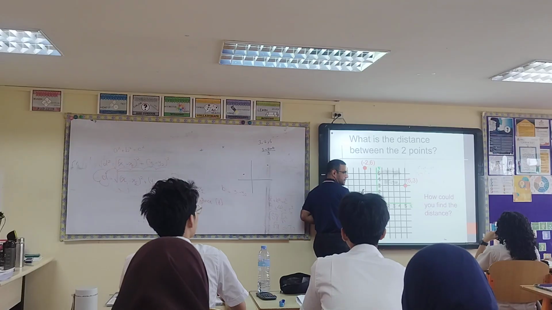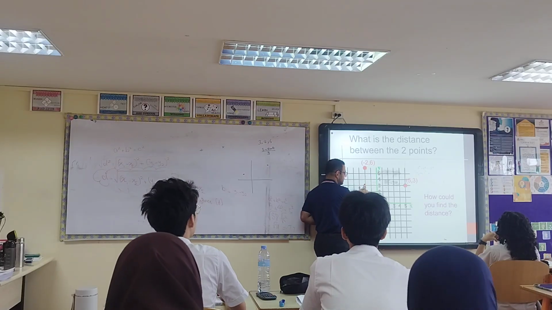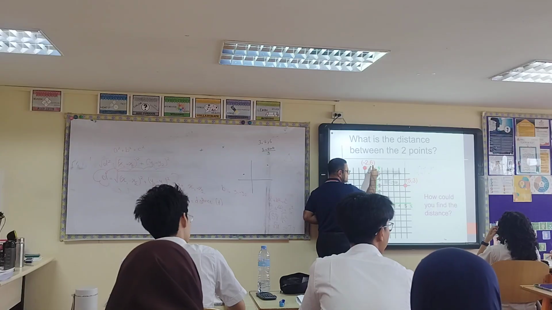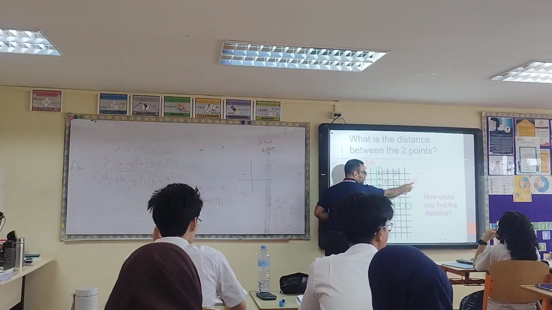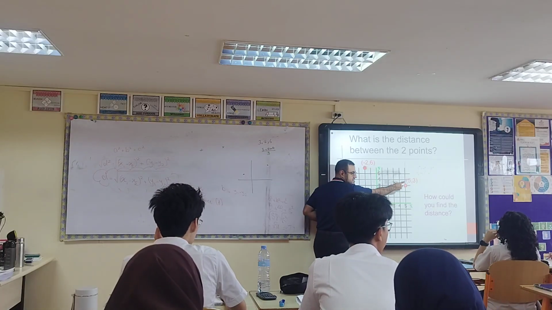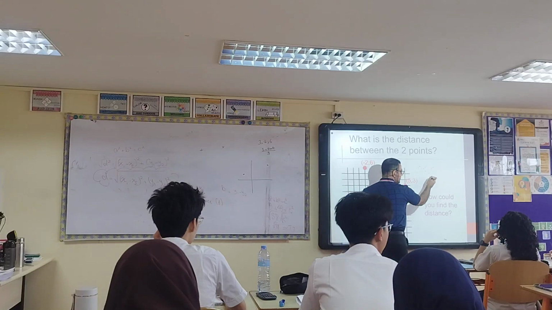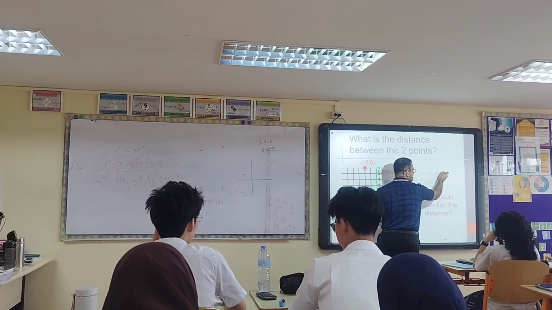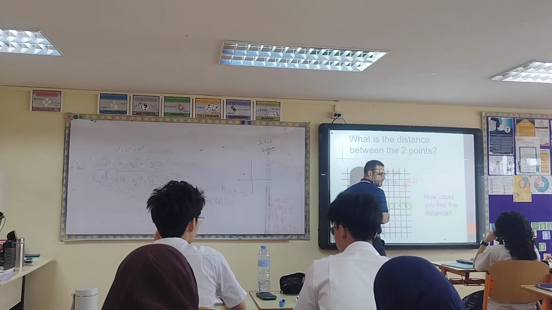I count the y's: 1, 2, 3, which is 6 minus 3 here. So I'm taking the difference of the y's. So y2 minus y1 squared equals b squared.